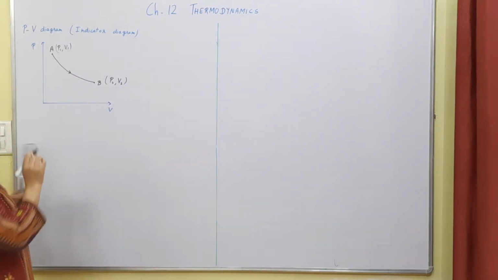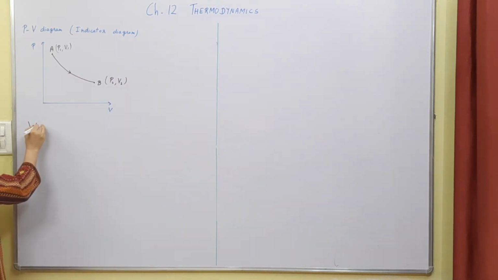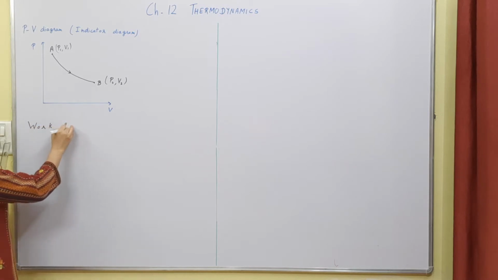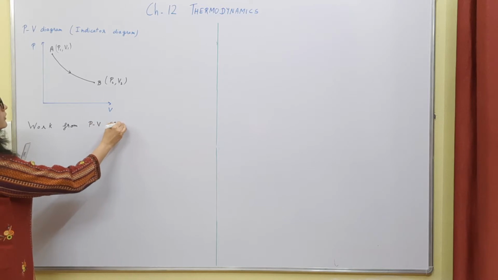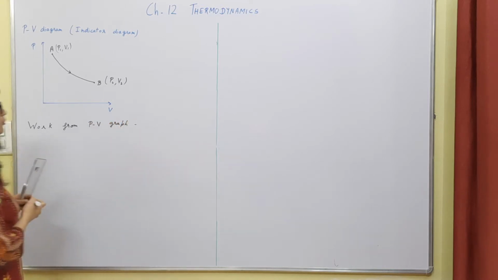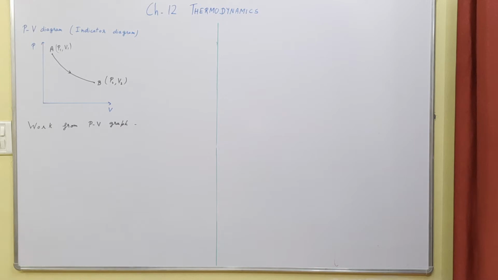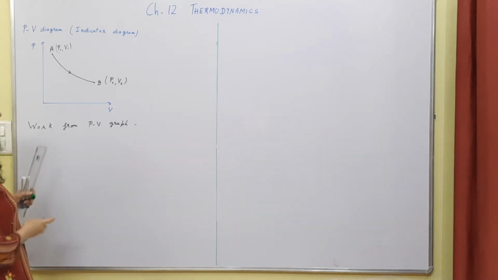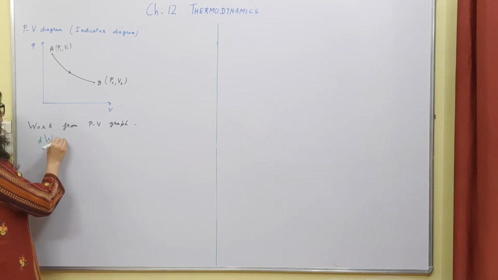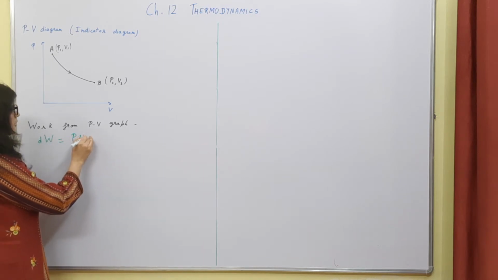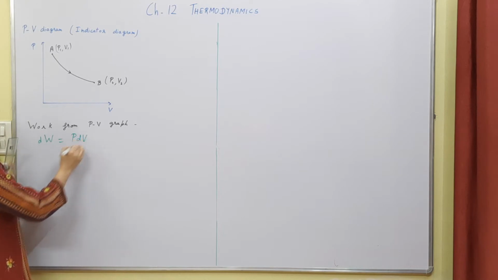Now if we have to find the work from the PV graph, how do we find that work? Whenever we calculate work, the formula for work is PdV if we are talking about gases.